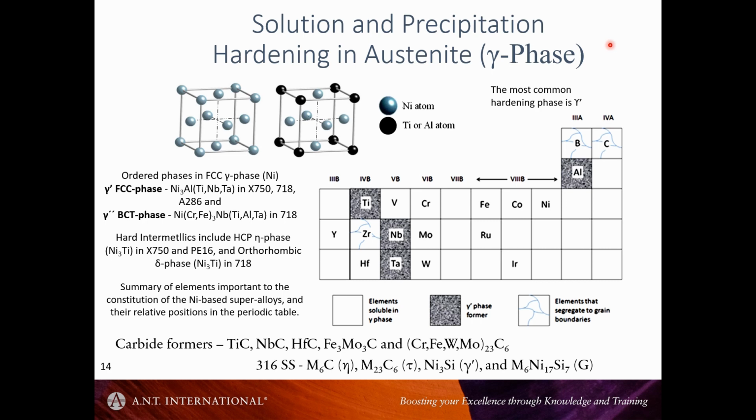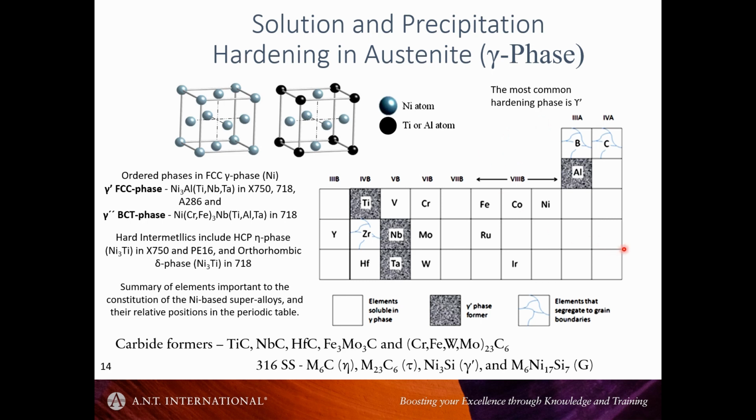So there are different types of these ordered phases, and one can produce the right size and number density by appropriate heat treatment. Typical heat treatment for austenitics is 700 degrees C for like 10 hours, something like that, to create the gamma prime precipitates.